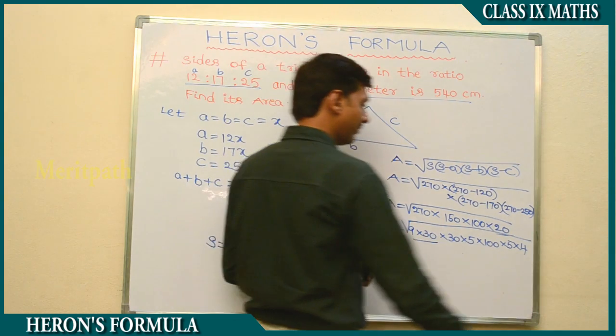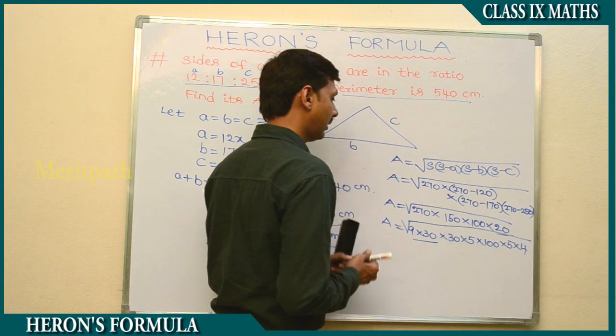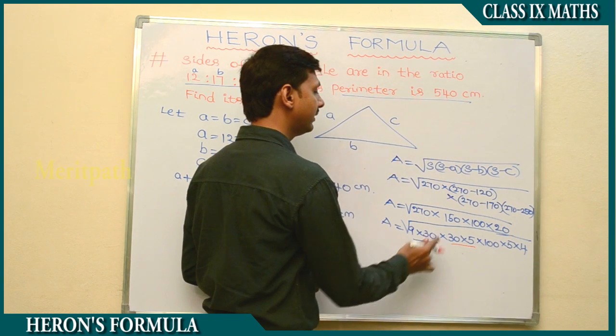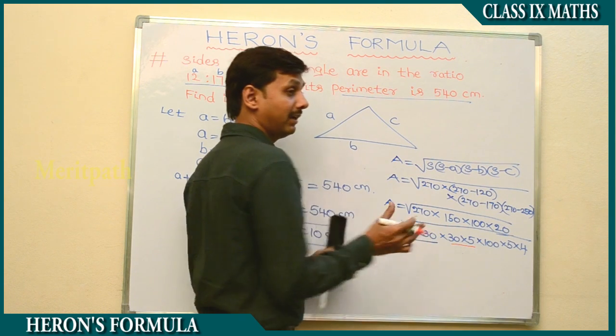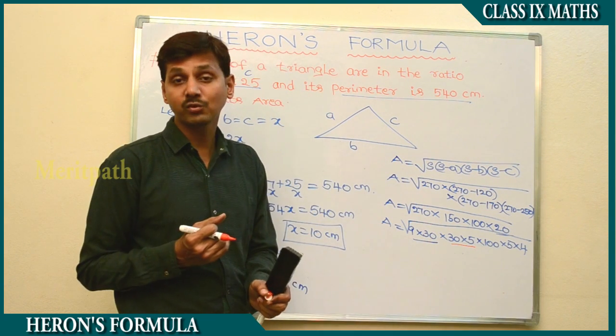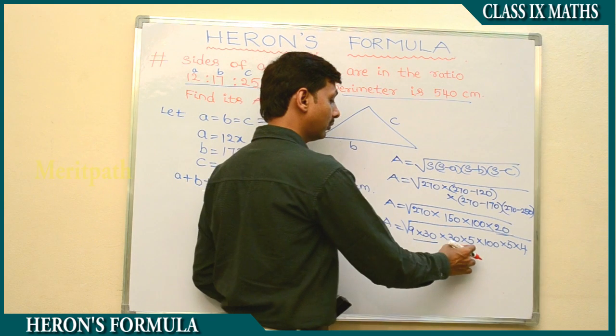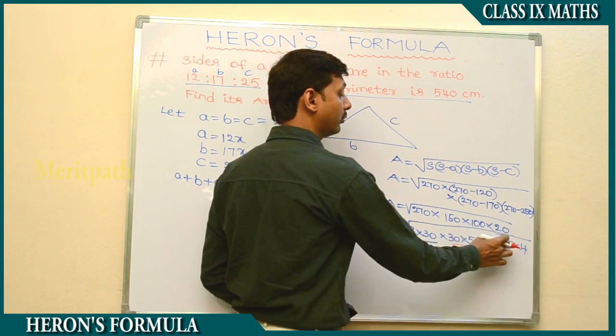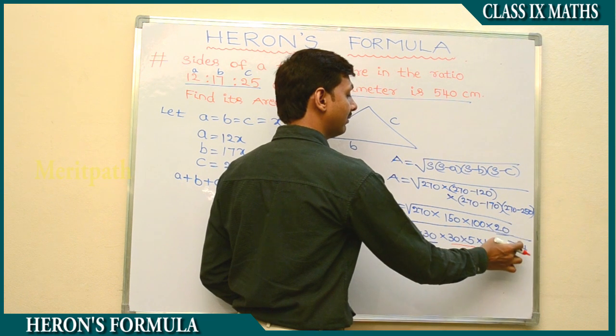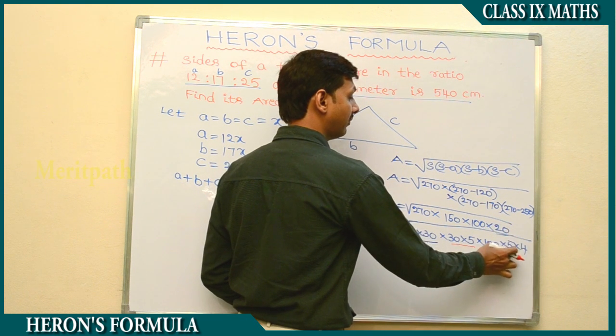So 150 we take as 30 into 5. The reason is that we have 30 here and we get one more 30, so it becomes a pair, and then we can take the square root out of it. 100 is a perfect square, no need to change anything. And 20 we write as 5 into 4.